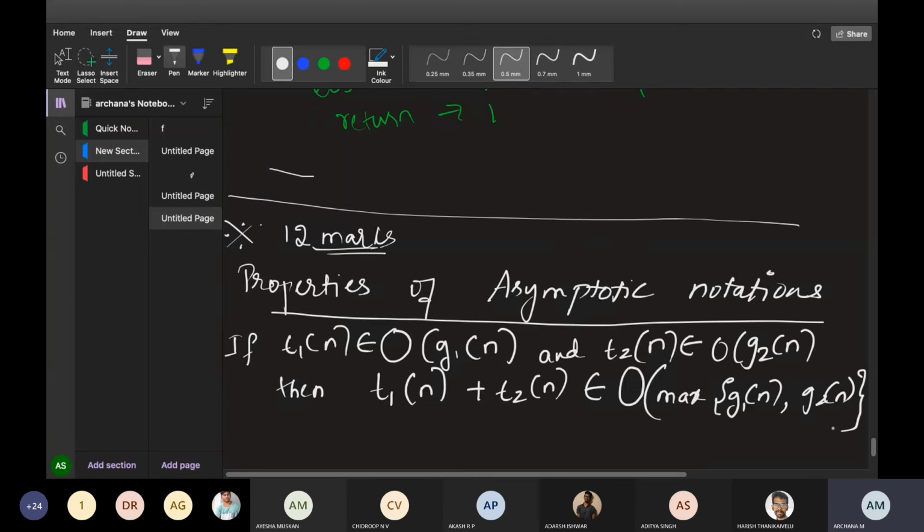Okay, this is the important property of the first asymptotic notation.